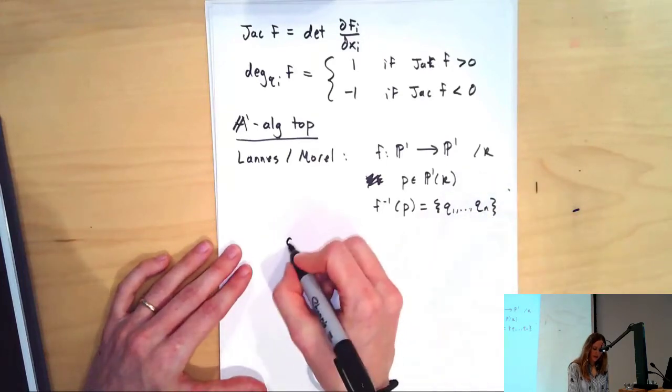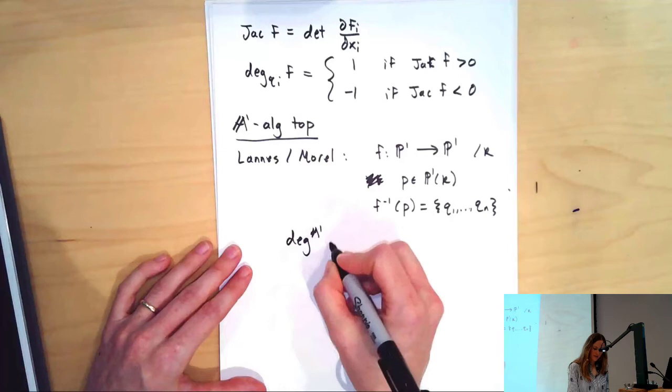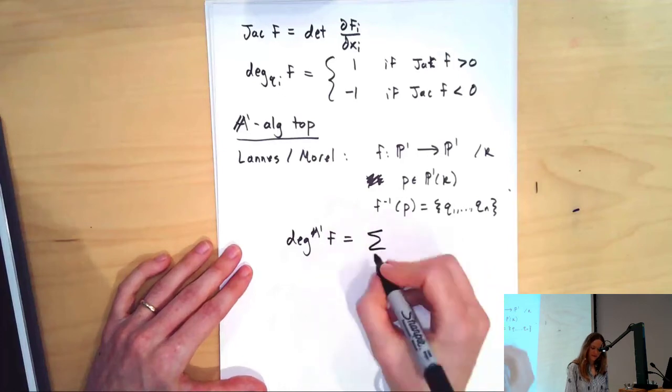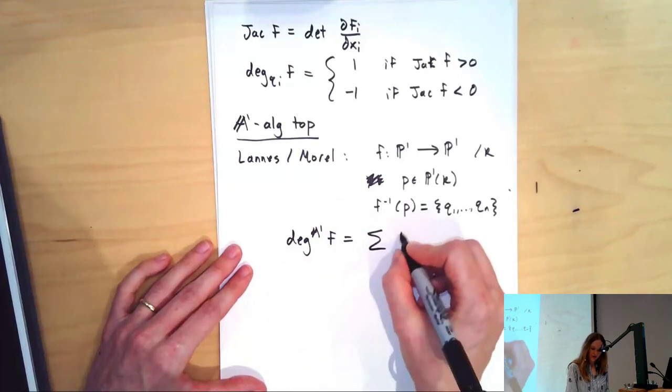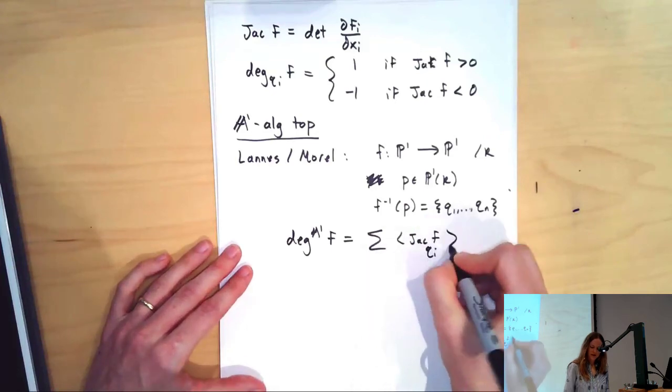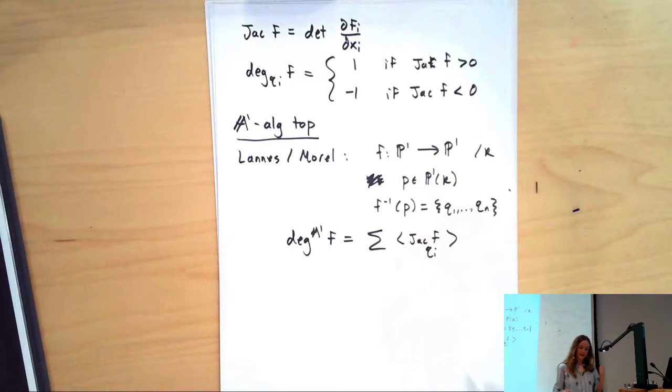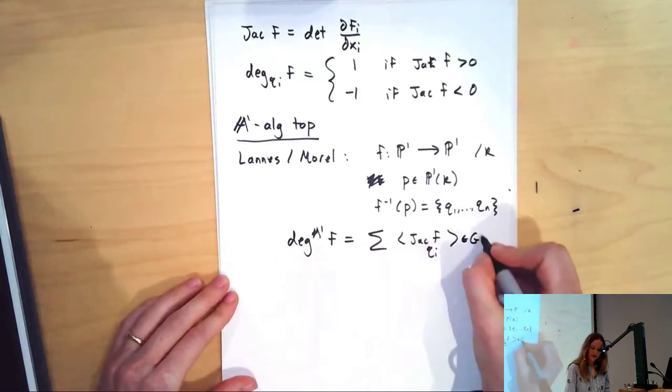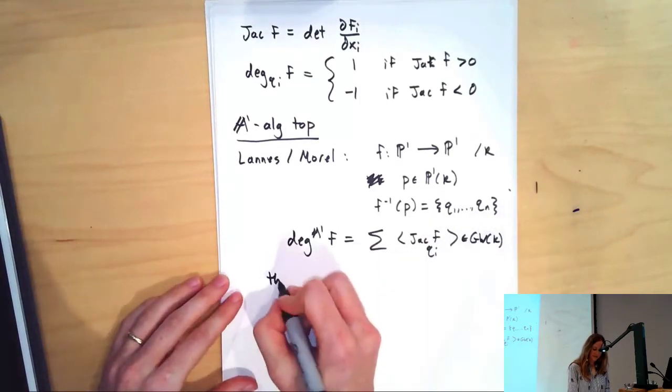Then we can define the degree of f as the sum of the Jacobian of f at Qi, and this doesn't depend on P.